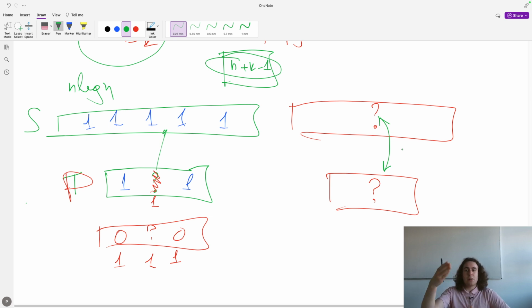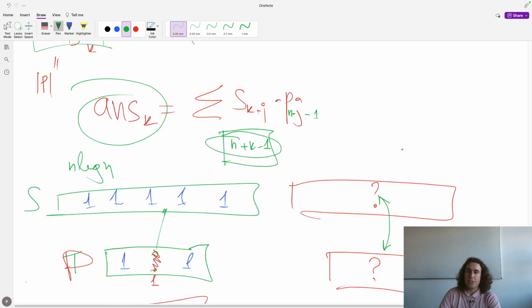So if you have question marks both in S and P, you're going to need 3 FFTs, right? You're going to need to do some kind of inclusion-exclusion formula. You count the possible number of zeros that match, the possible number of ones that match, and then subtract question marks that match each other because you counted those twice.